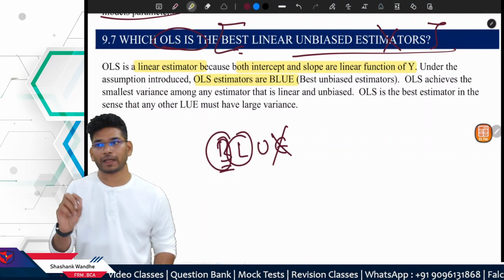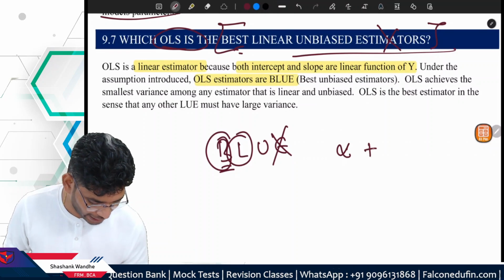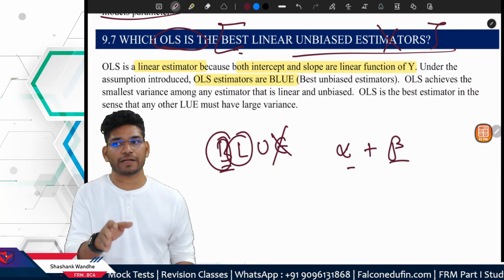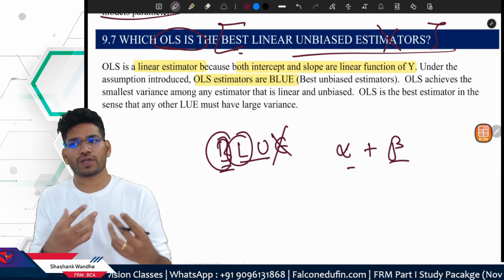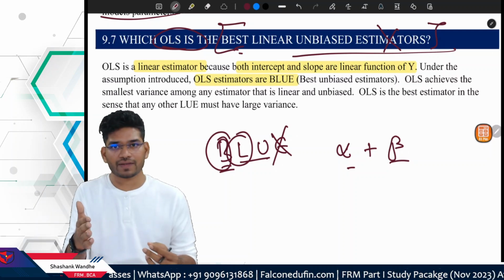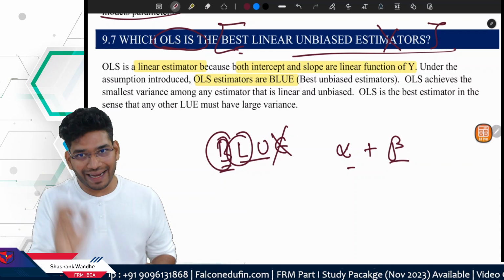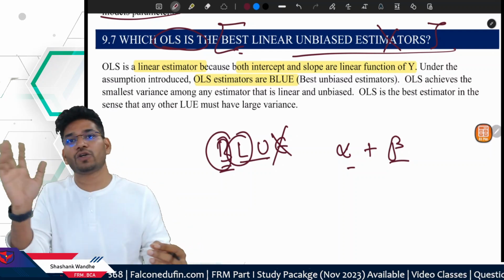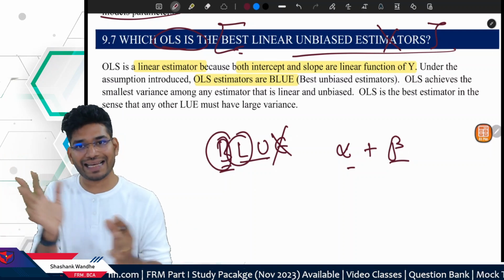Now see, both alpha and beta are BLUE, best linear unbiased estimators. So these are unbiased estimators. There is no bias. What is the meaning of unbiasedness? It means the estimates given by the estimator are able to predict the population parameter, so the difference is smaller and smaller.